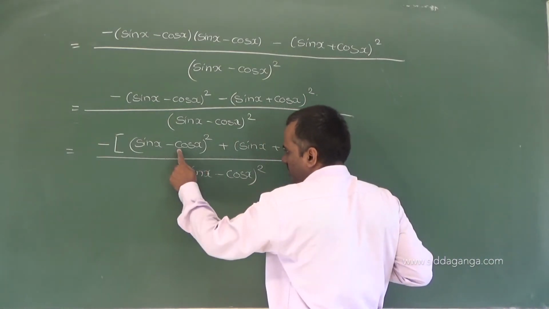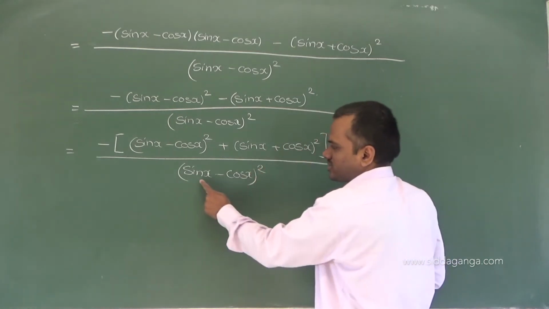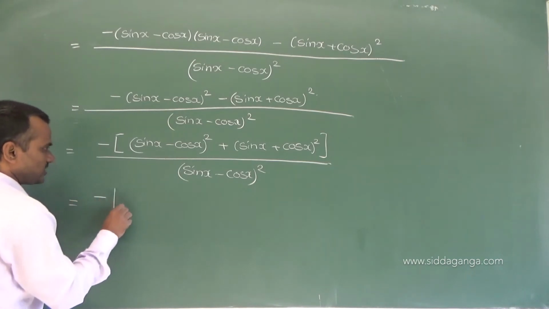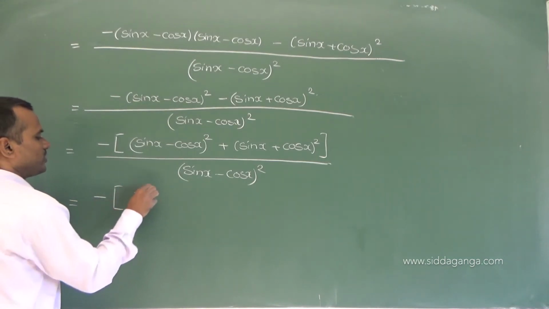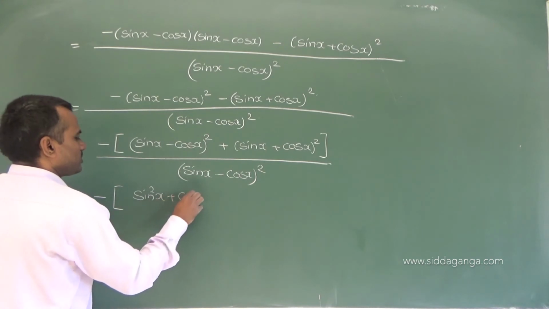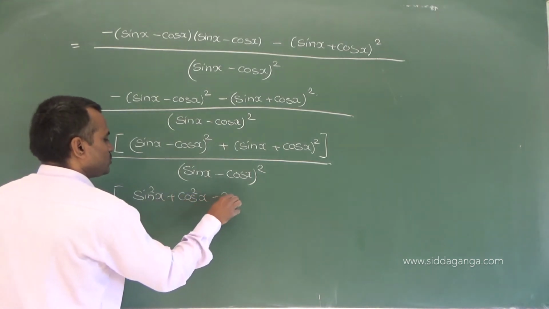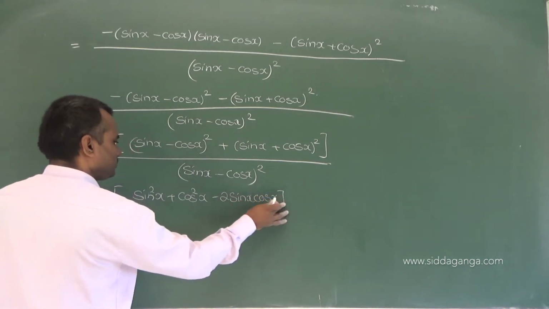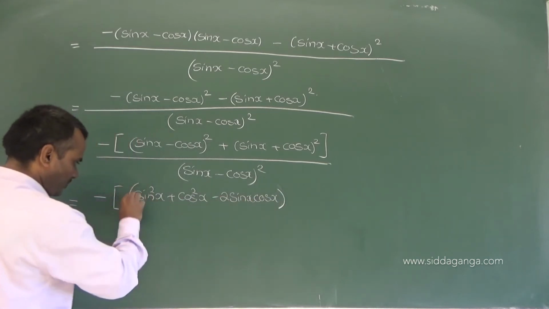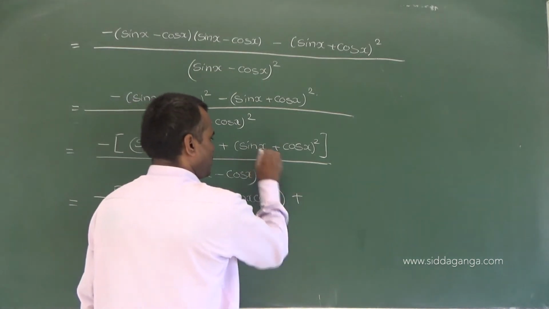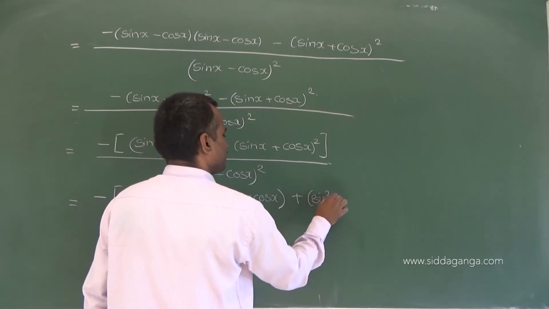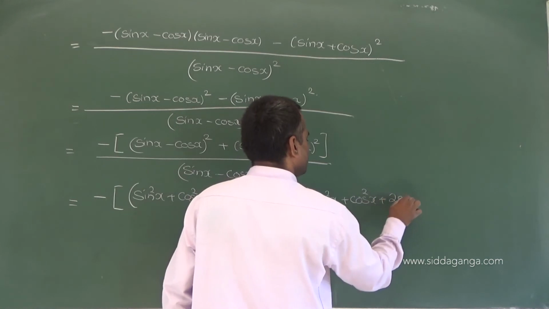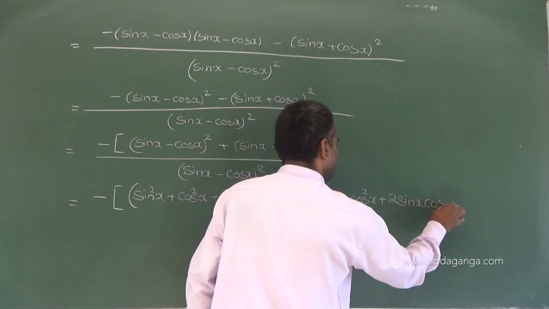So it is in the form of a minus b whole square, it is in the form of a plus b whole square, it is in the form of a minus b whole square. Using the quadratic identity, expand. Minus we write as it is, a square sin square x, b square cos square x minus 2 sin x into cos x, 1 over, plus again a square sin square x, b square cos square x plus 2 sin x into cos x.